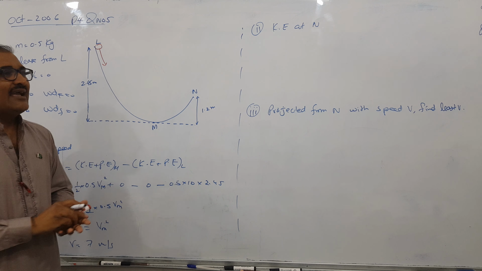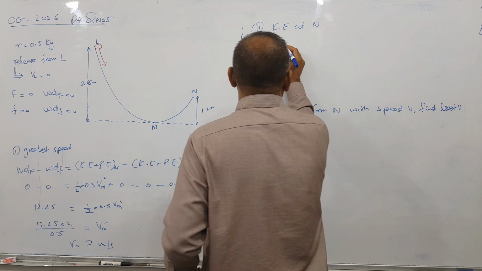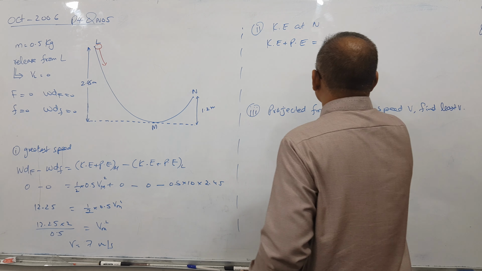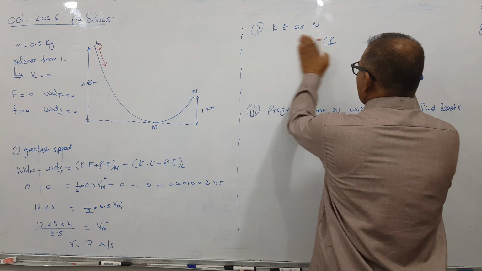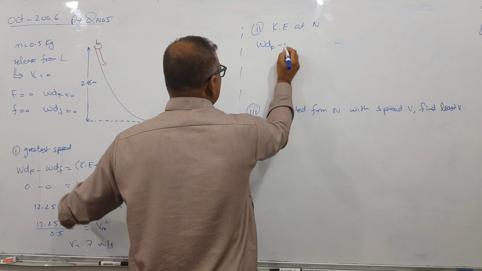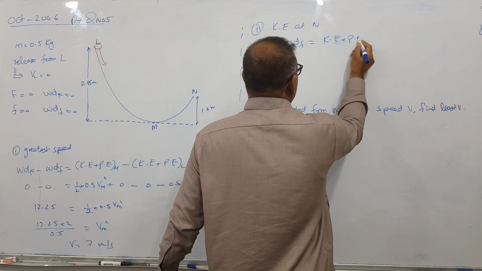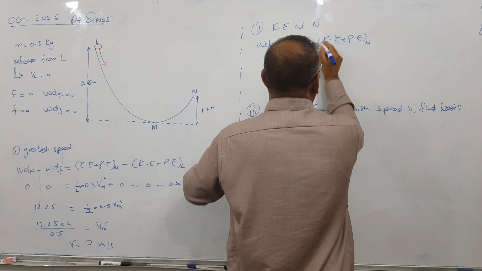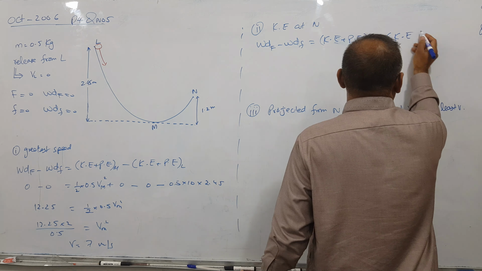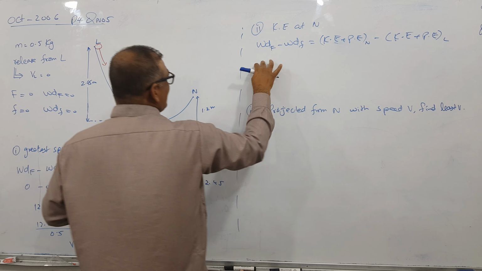I apply L to N. So apply the formula: work done by applied force, work done by friction force, equals kinetic energy plus potential energy at the end spot N minus kinetic energy plus potential energy at the start spot L. And I know both are zeros.